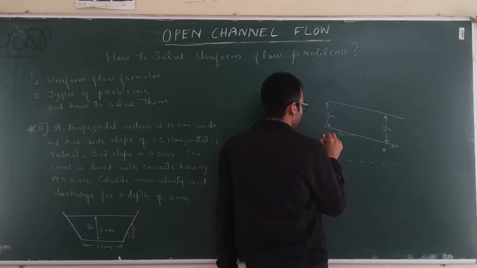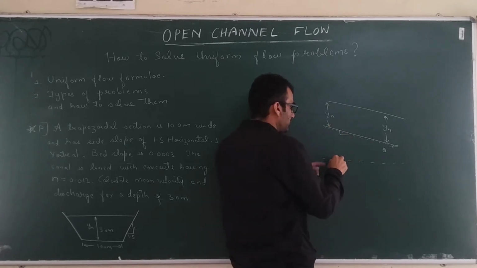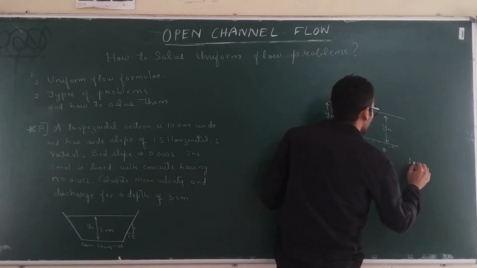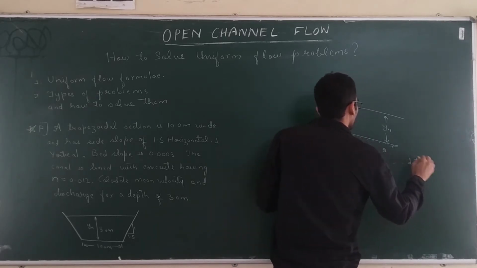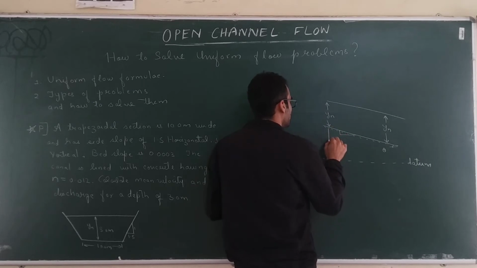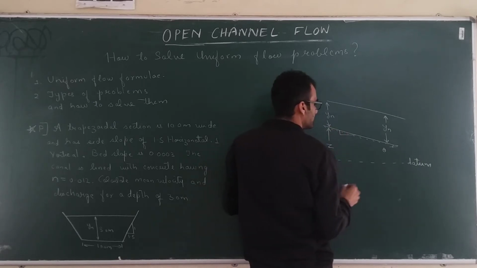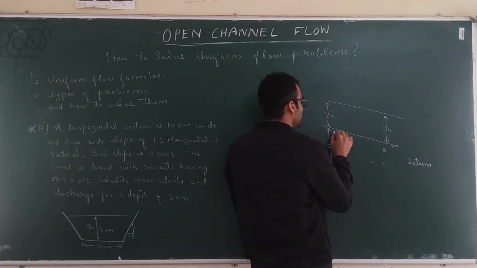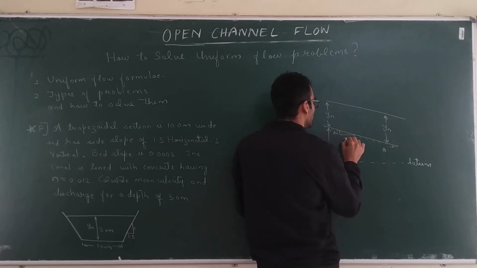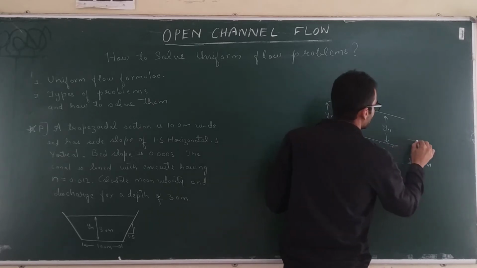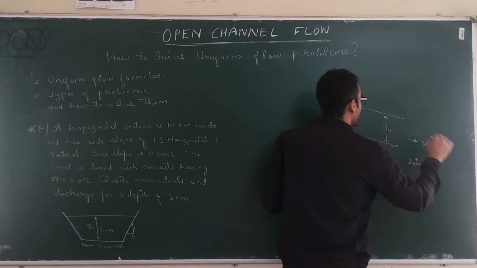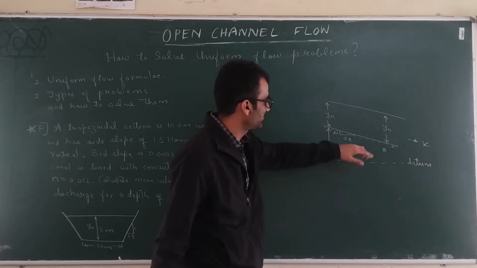Basically, if the height of channel bottom from a particular datum is Z, potential head, isn't it? So this will be dz and this will be dx, because flow direction is x direction. Okay, we represent the flow direction by x direction.